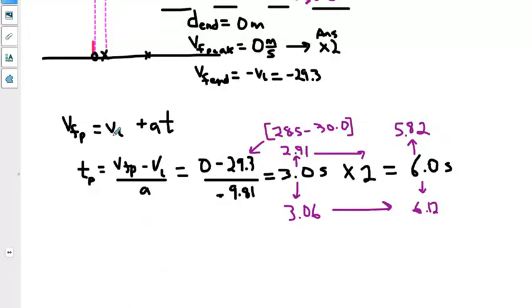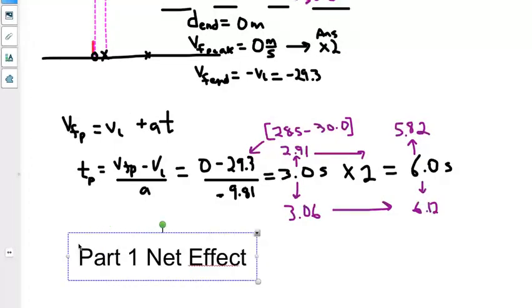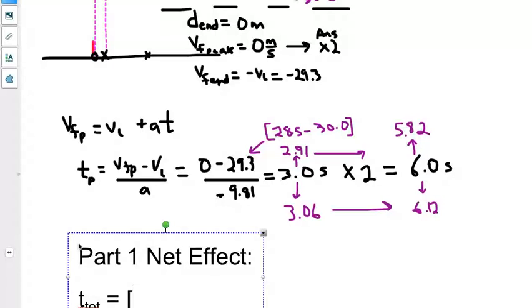So the result of part one, net effect: the T total will be in the range of 5.8 to 6.1 seconds.